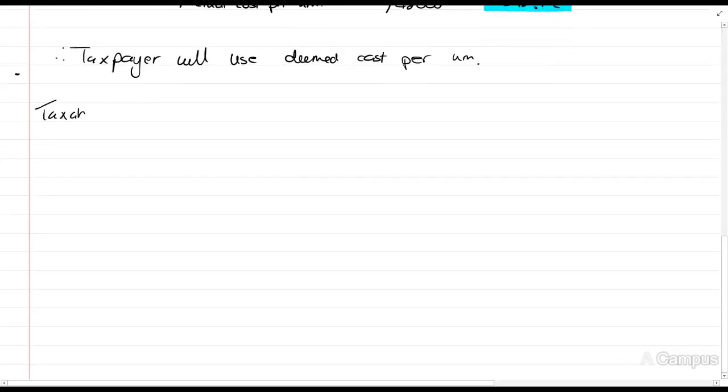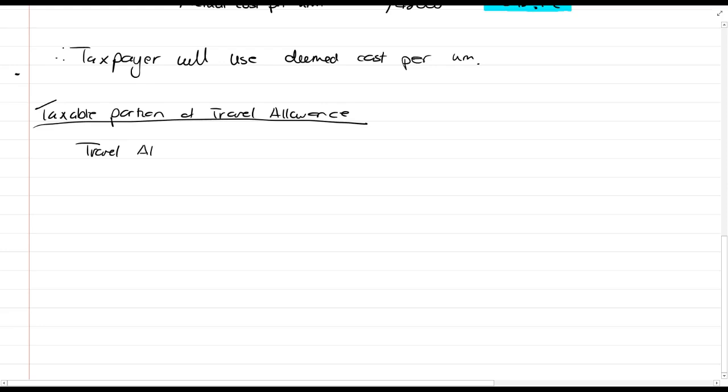Now we can calculate the taxable portion of the travel allowance. We've got the travel allowance, which is how much again?